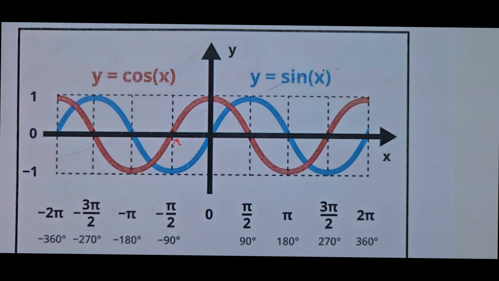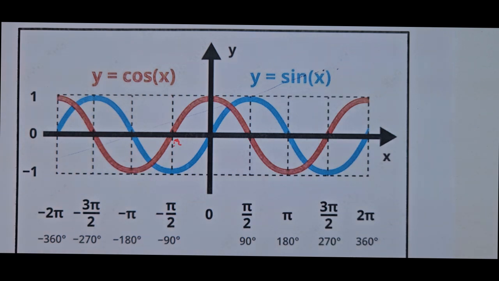If you calculate, it's 270 here, 90 here, 360. So for both sine and cosine, in the most simple form, the period is 360 degrees.